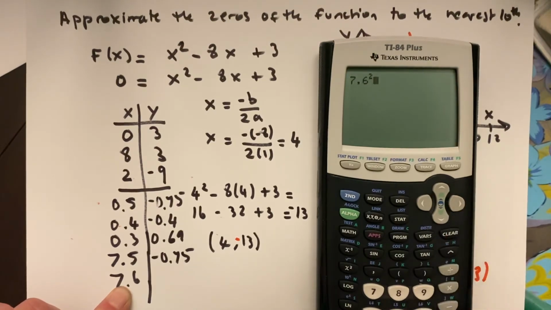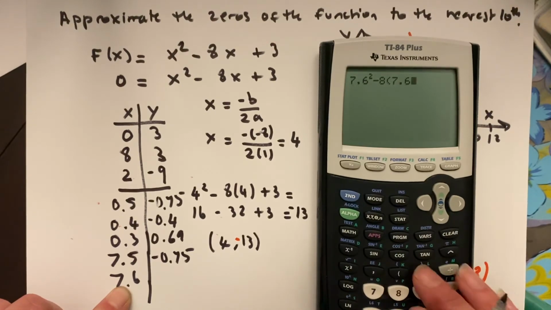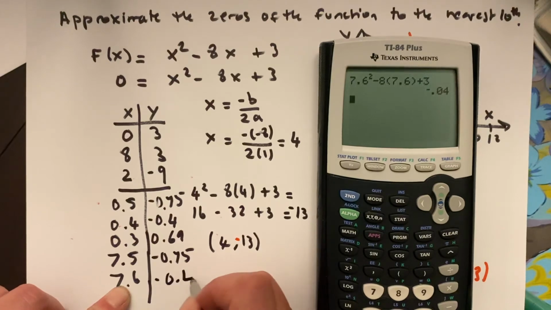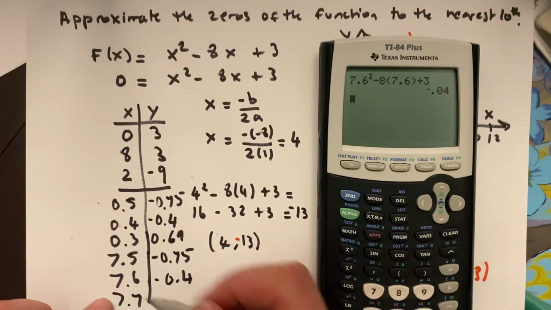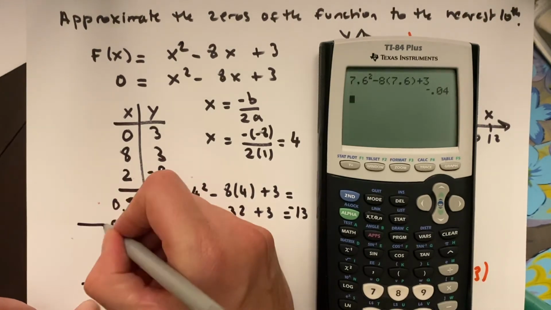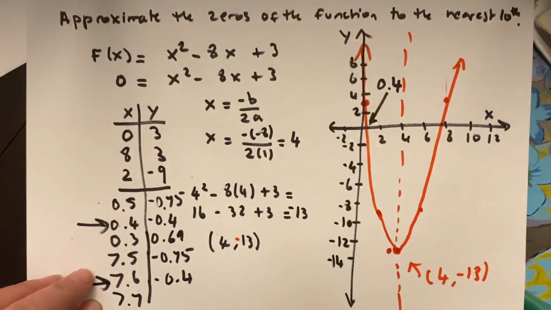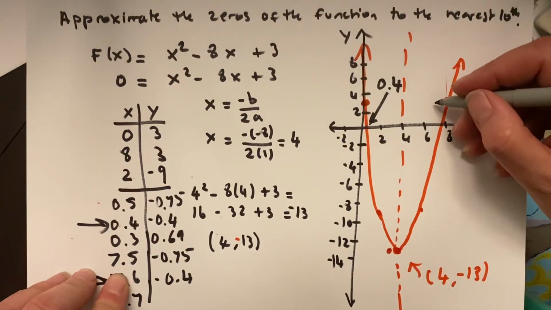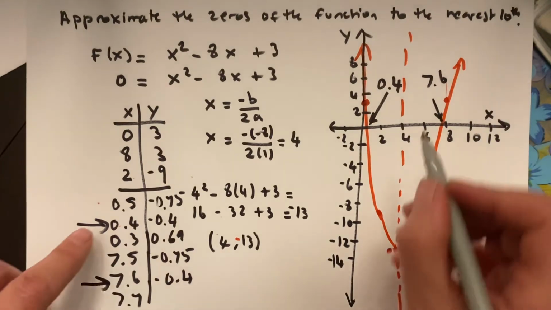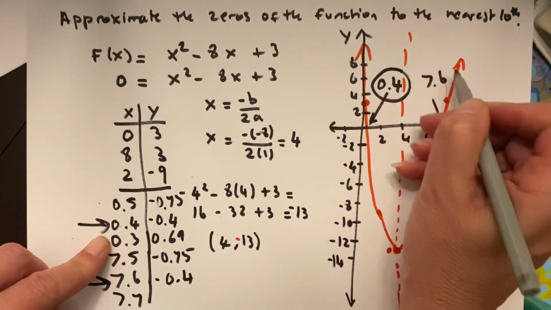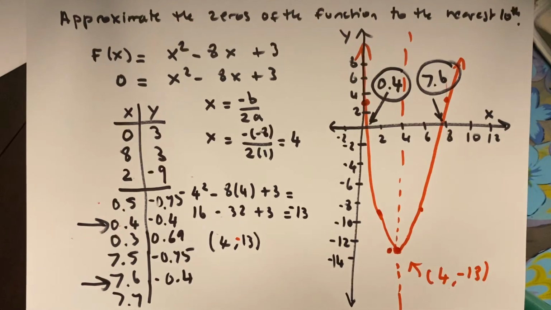And I get negative 0.4. And I know that if I do 7.7, I'm going to get 0.69. So my answer here was 0.4, and here is 7.6. So my zeros of the function would be 0.4 and 7.6.